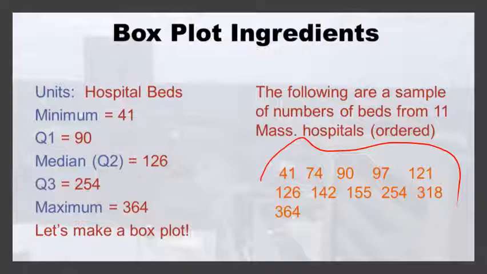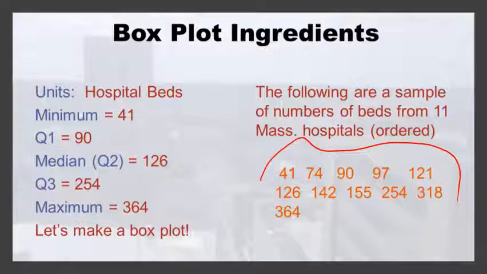Now let's gather all of our box plot ingredients, and then we'll be able to create a beautiful box plot in a couple slides. Everything we did with the quartiles and all that, this is the grand finale. This is why we did it.